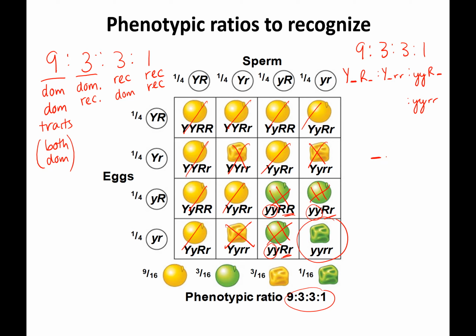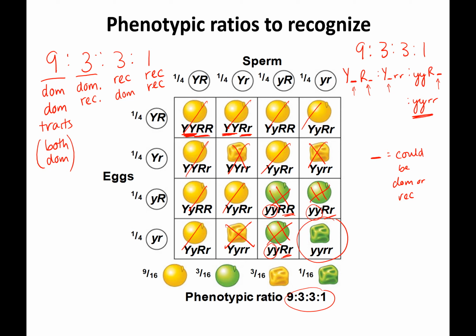And those blanks mean it could be the dominant or the recessive, right? So if you look here, big Y, big R, big R has the same phenotype as big Y, big R, little r. Okay, so again, don't assume you know what this gene pair is. This is the only one you know for sure.